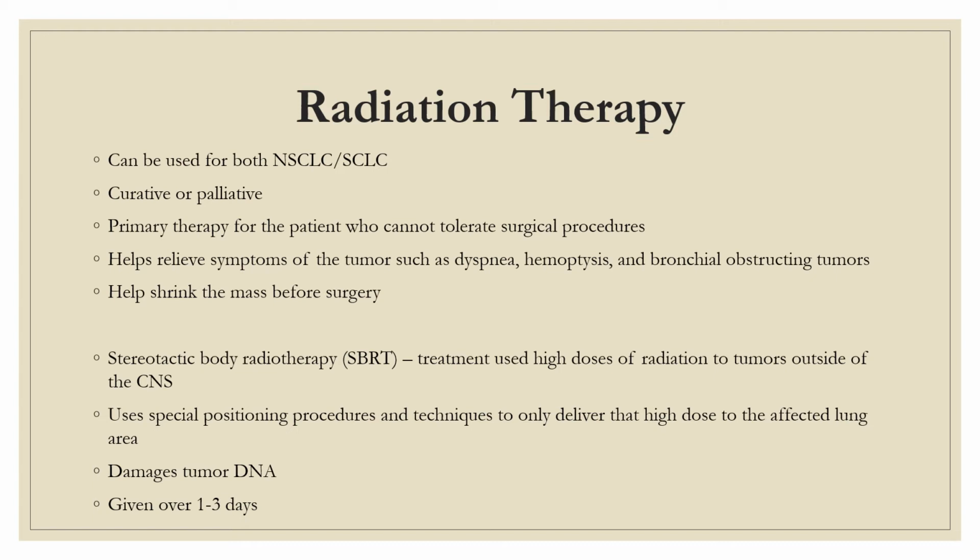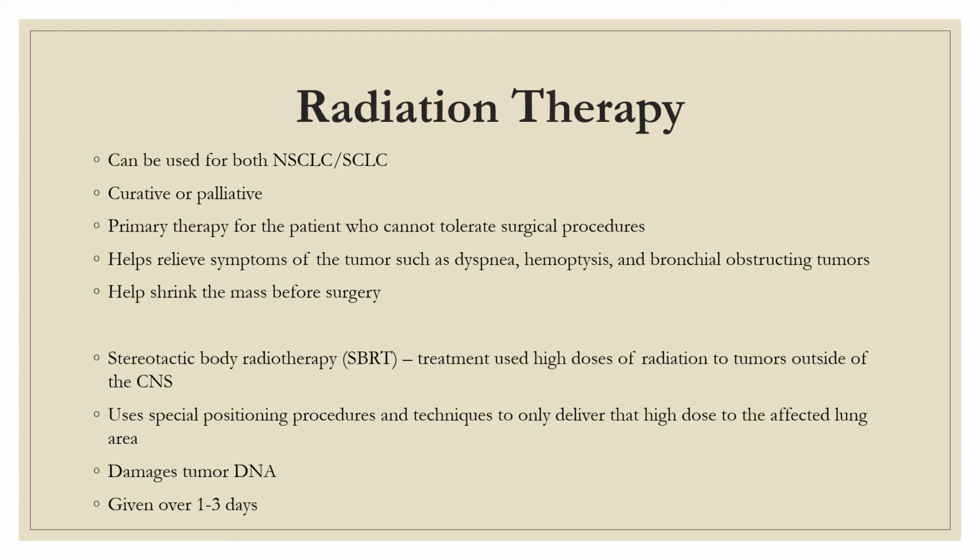There's also something called stereotactic body radiotherapy. So this is a strong high dose of radiation, and it's used for lung cancer. It uses a special positioning procedure. So the patient has to be specially positioned so that it aims only at the tumor. They try not to get any parts of the lung that's not affected, only the portion that is affected. So they have to be pretty spot on with the positioning of the radiation therapy.